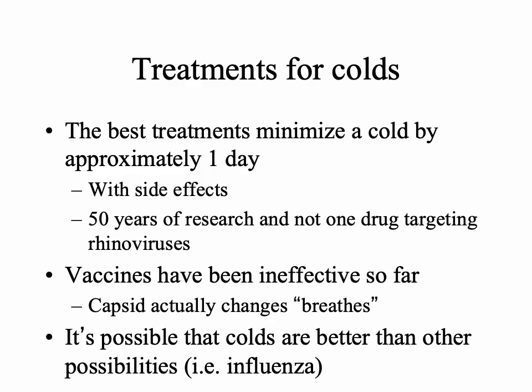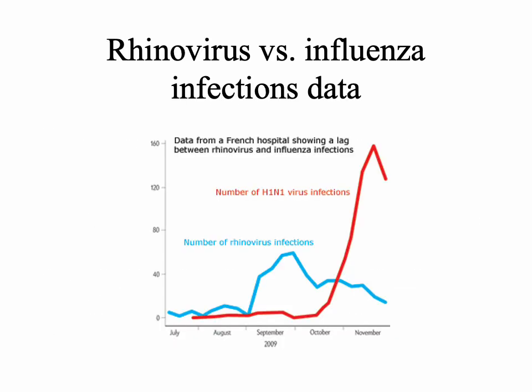And this is very, very interesting data. We do think that the cold and the flu compete. So this was interesting data from the first swine flu epidemic that we had in 2008, where cold season happened first. And once cold season started to die down, then the influenza season started to rage. And these are actually hospitalizations.